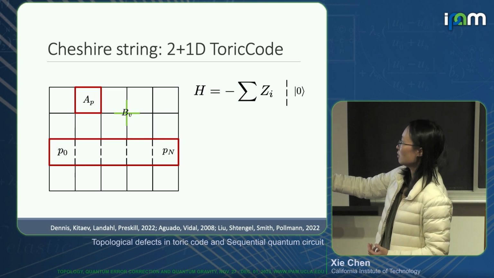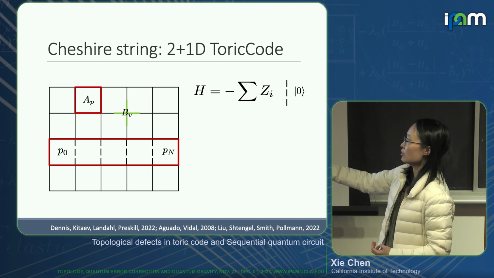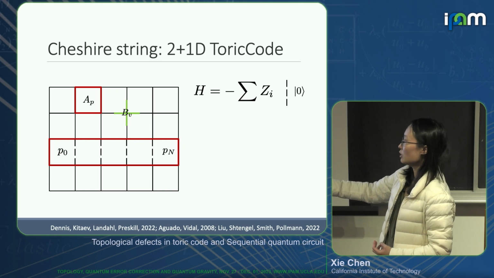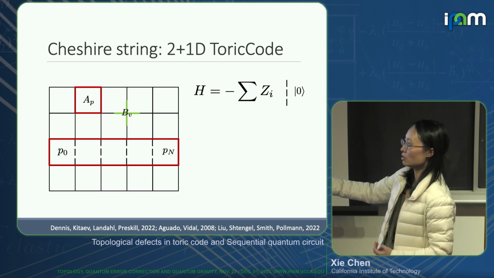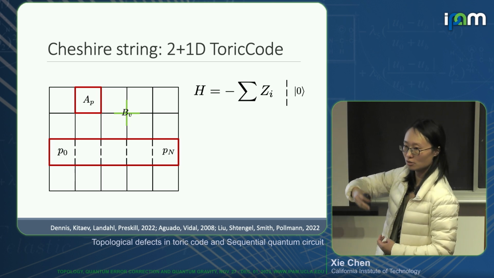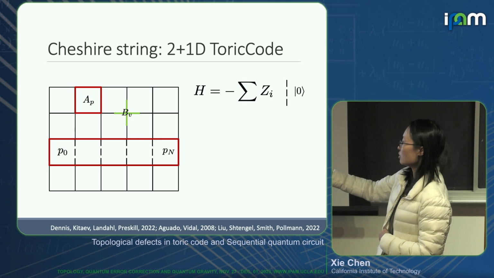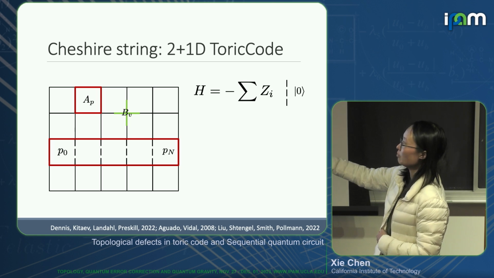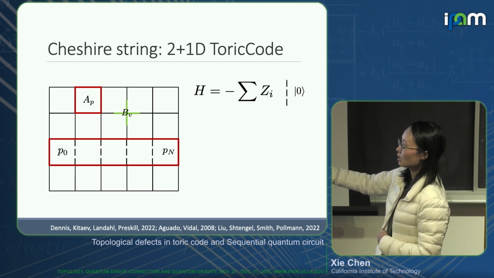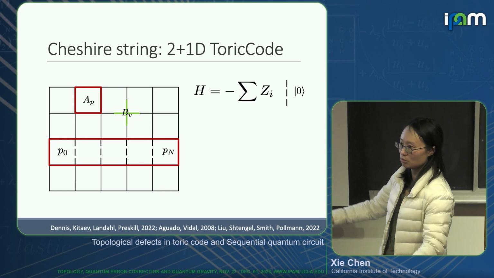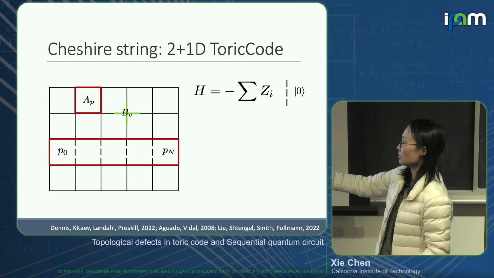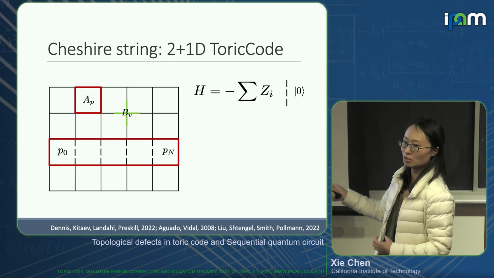If we think of the toric code as just a two-dimensional paramagnet coupled to a gauge field, then the Cheshire string is just a one-dimensional symmetry breaking defect on top of that symmetric background. So we can just start from a two-dimensional paramagnet, induce symmetry breaking on one of the lines, and then couple the whole thing to the Z2 gauge field. Then equivalently, we would have a Cheshire string inside a two-dimensional toric code.